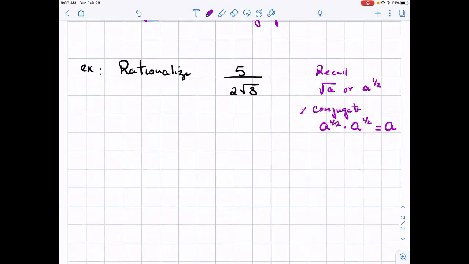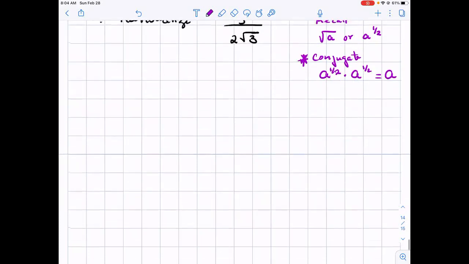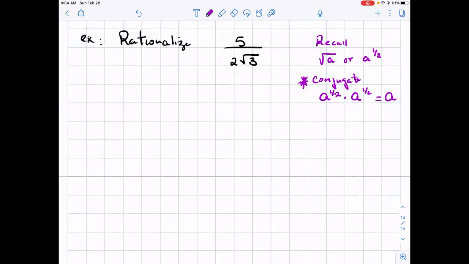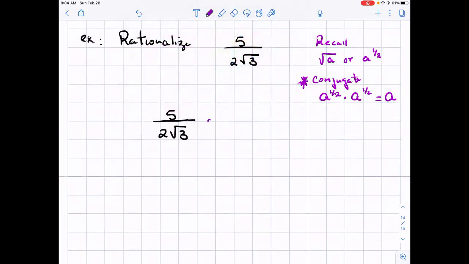And this here is important when it's, for example, a cube root or any other root. So if we have 5 over 2 square root of 3, we're going to multiply by the conjugate, which is thus root 3.